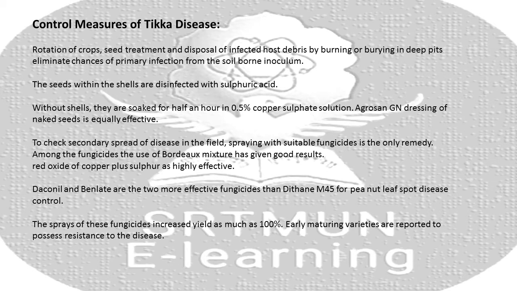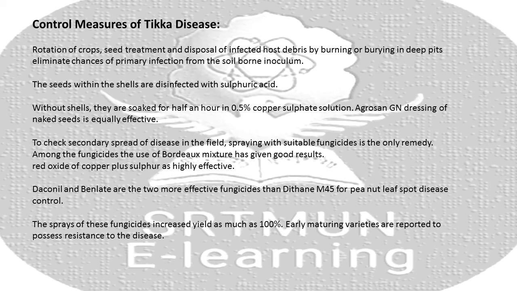Now next, control measures of Tikka disease. Rotation of crops, seed treatment, and disposal of infected host debris by burning or burying in deep pits eliminate chances of primary infection from the soil-borne inoculum.